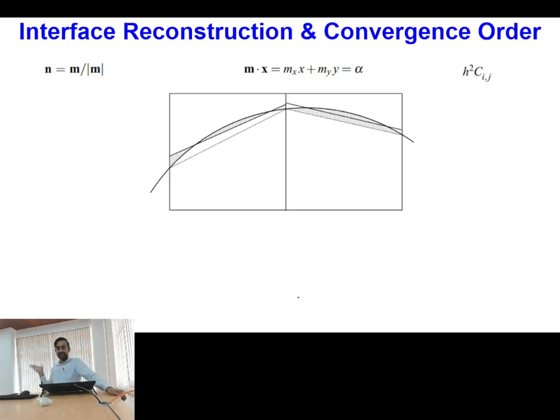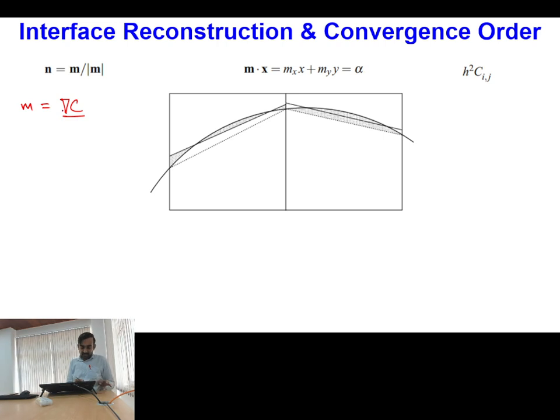And that inclination is decided by the direction of the normal vector. We calculate m as the gradient of the color function, so the gradient of the color function gives me the direction which is normal.